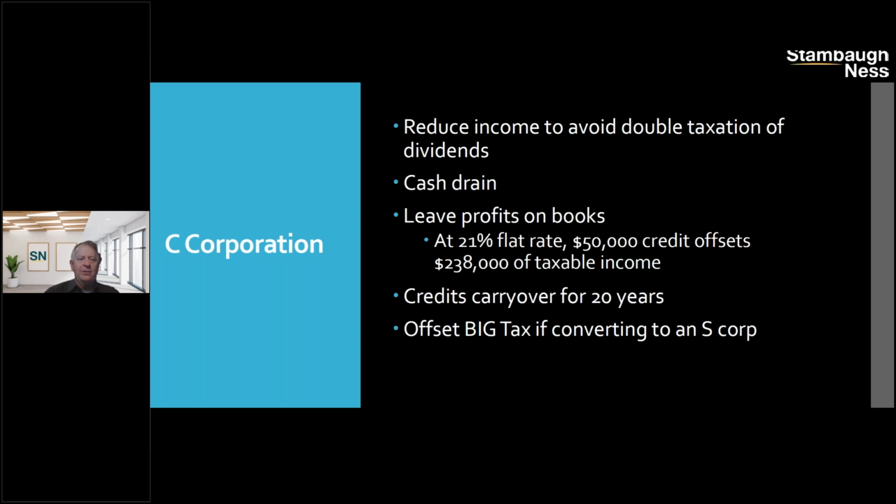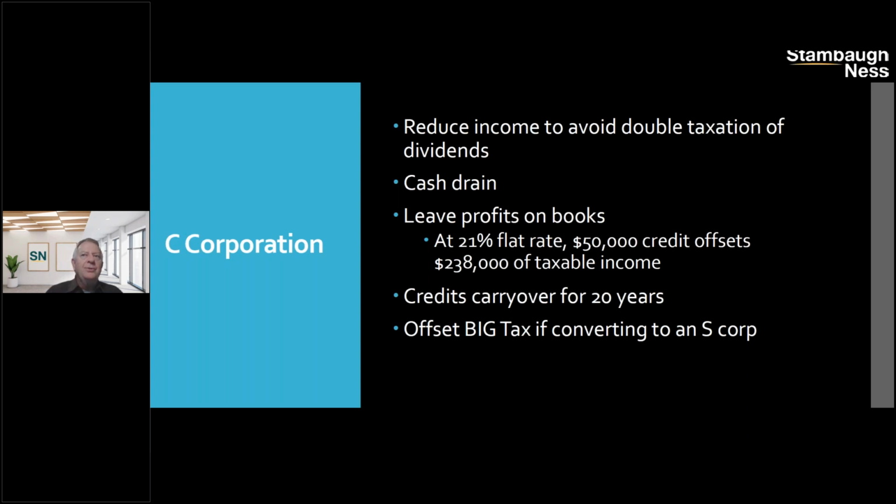When we talk about C corporations, that's lowering the tax bill at the entity level, at the corporation level. And when we talk about S corporations, it's getting the taxable income passed through to our owners down so they don't have to pay as much tax at the individual level.